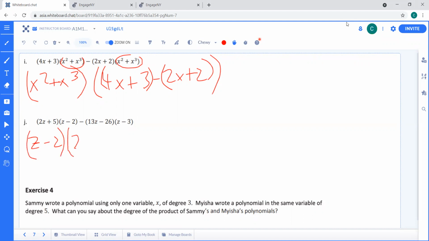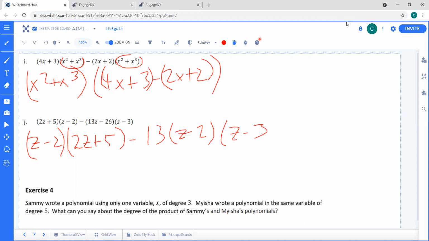We're just moving it around here. And then minus 13 times z minus 3.